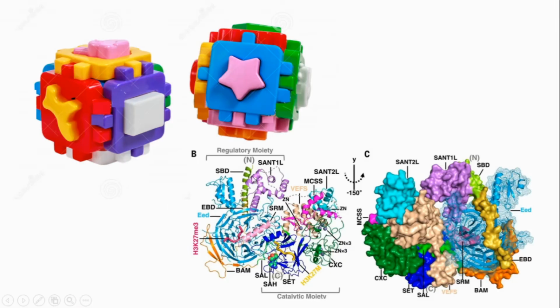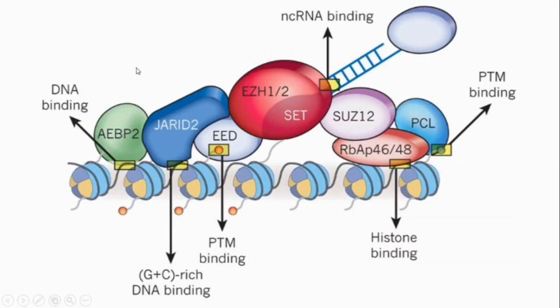Now the EZH2 protein featured here is part of a much larger complex called the polycomb repression complex, and all these other named bubbles here are proteins, and there are all sorts of things that this connects to. It connects to non-coding DNA, it connects to DNA, it connects to histones.